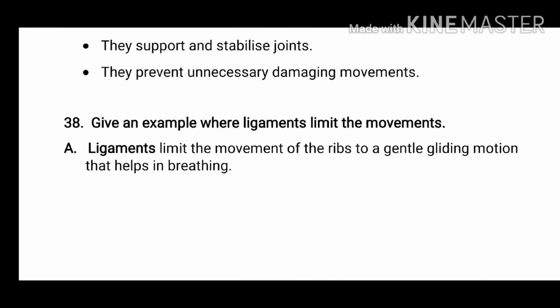So the ligaments limit the movement of the ribs to a gentle gliding motion that helps in breathing. Like other bones, these ribs cannot move so freely, but they can glide in a gliding motion, which helps in breathing.